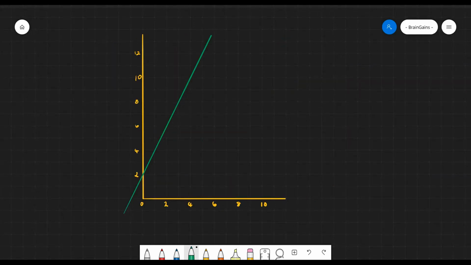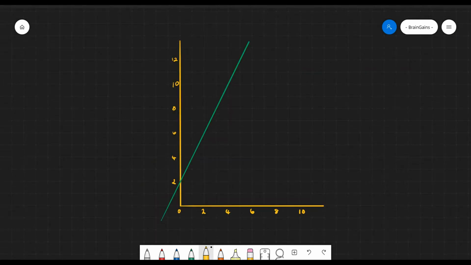Now let's take this straight line graph for example. As we mentioned before, we need two coordinates to be able to find the gradient of a line. Keep in mind that you won't always be given a graph for you to find any two coordinates of your choice.